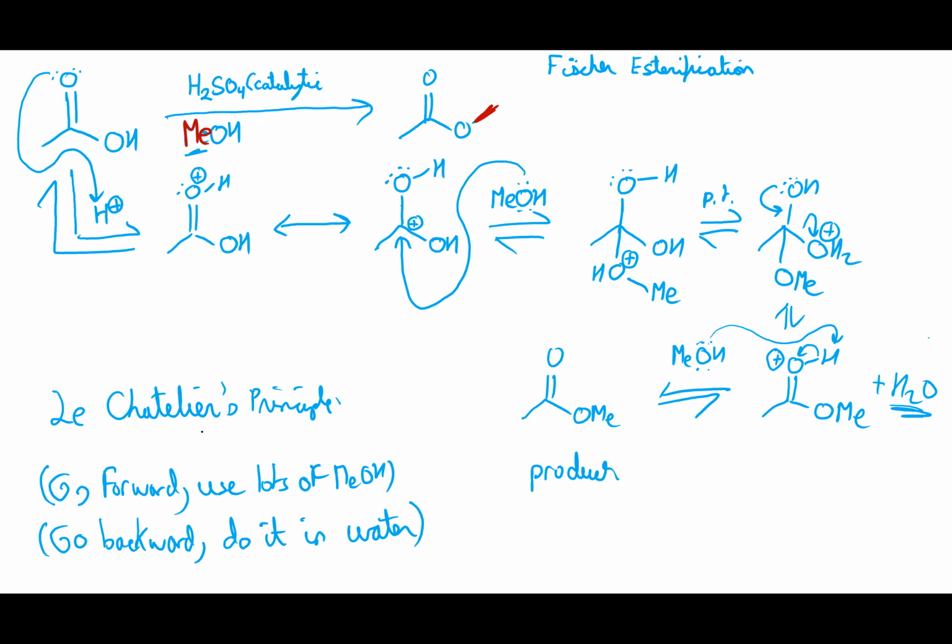So on this thing here, if you look at what we needed, this is the key step right here. I'm going to just highlight this in green. We needed a lone pair on the methanol to do the attack, and we needed the positive charge on the acid. And we got that because we protonated the acid, making it positive, and we had the lone pair on the methanol.